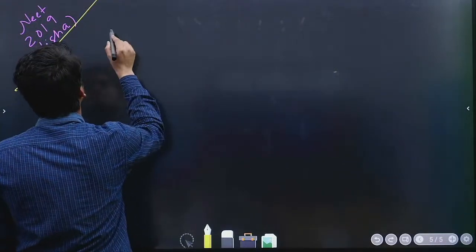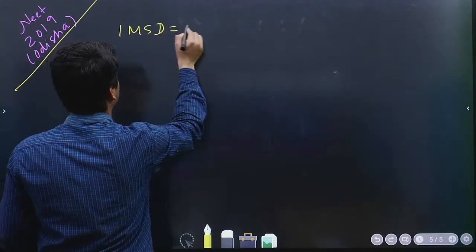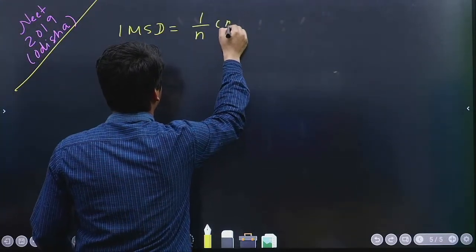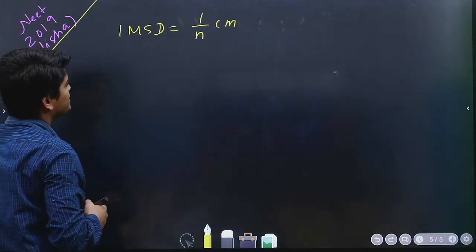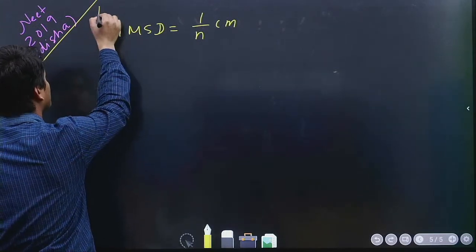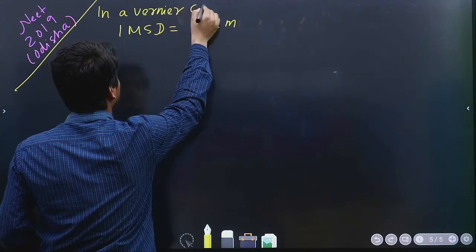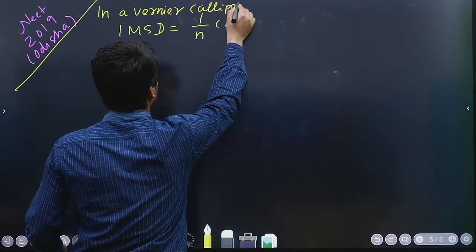Now listen. Here, what they told, 1 MSD was there, 1 MSD is 1 by n centimeter. It is given in the question. And it is mentioned in a vernier caliper.